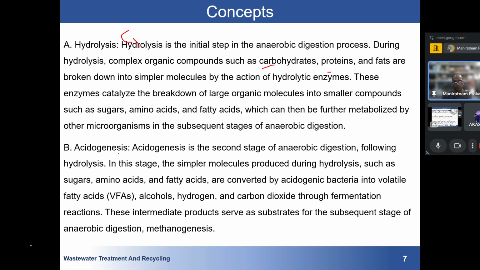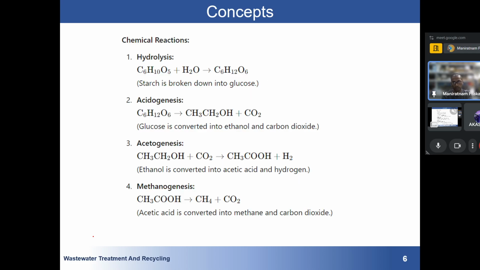Okay, this intermediate product serves as a substrate for the subsequent stages of anaerobic digestion and methanogenesis. By seeing this reaction, someone may think it's simply converting into ethanol and carbon dioxide, but it's not like that.